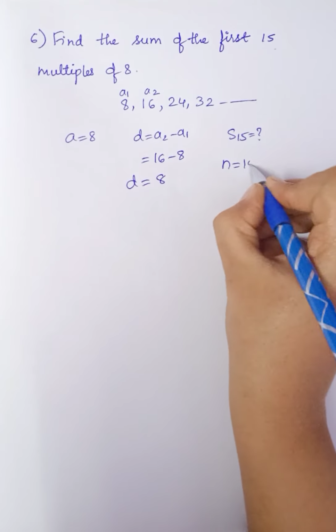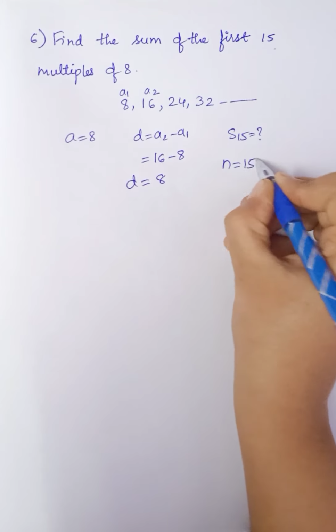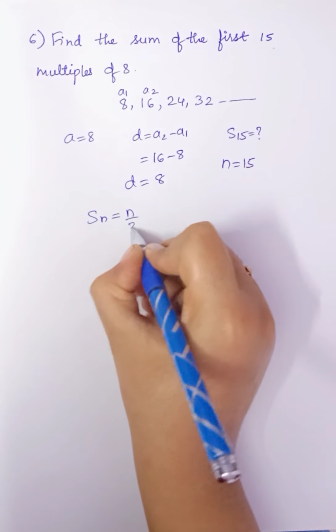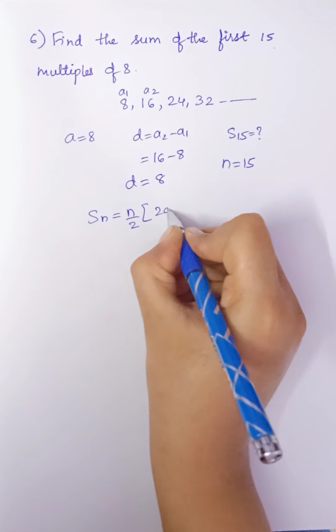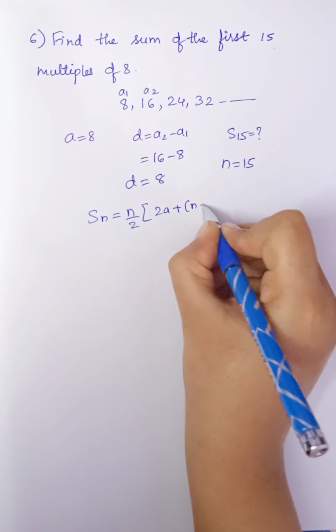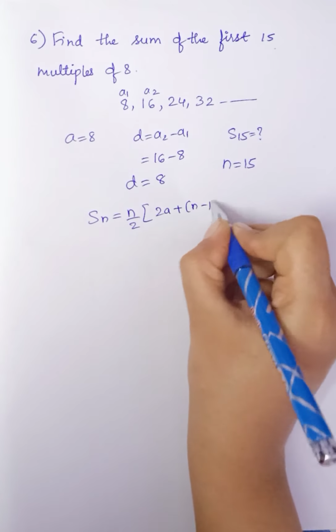So I am going to use the formula Sn is equal to n by 2, 2a plus n minus 1 into d inside the bracket.